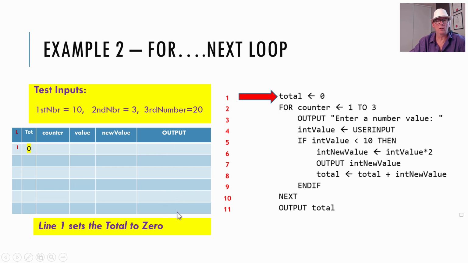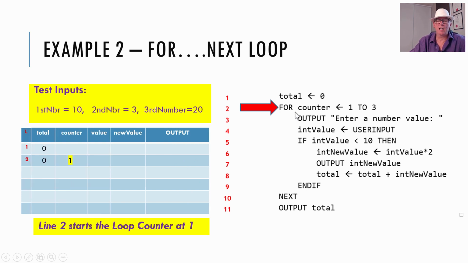This is a more full trace table than the previous one. We've got our lines. We've got 1, 2, 3, 4 variables in this pseudocode that we need to keep track of line by line. And we're also going to use this output column just to show what's coming out on the screen each time. All right, so in the second line here, for counter 1, 2, 3, you can see that's got a next lining up with it down here, and all this stuff's pushed across.